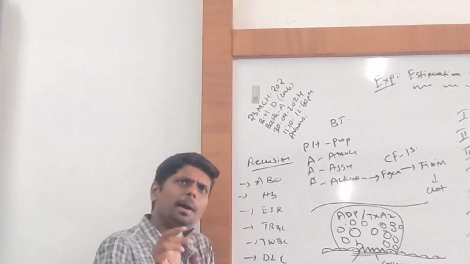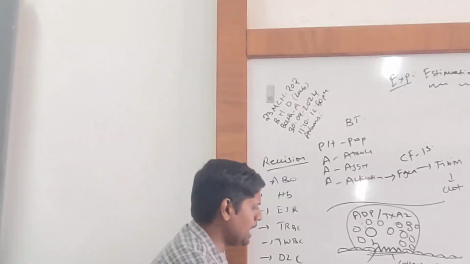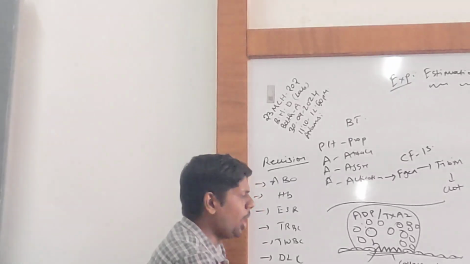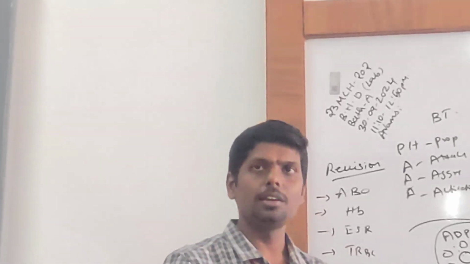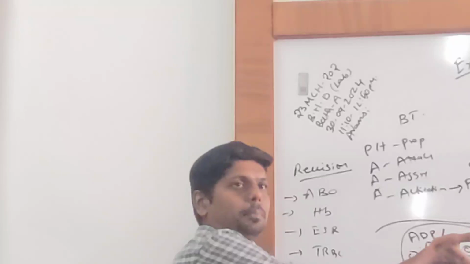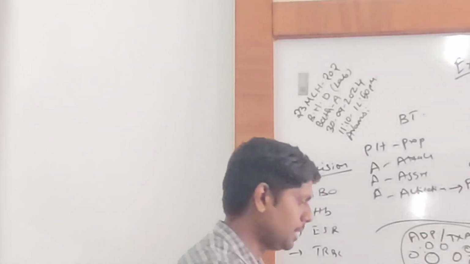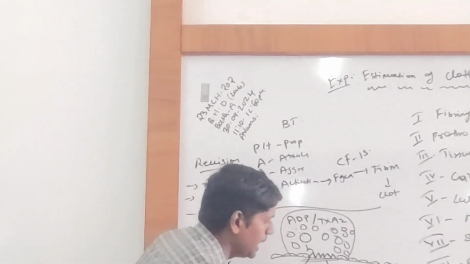What happens if my platelets are less than 1 lakh? It will increase the bleeding time. Now you know the reason: with fewer platelets, they can't hold the bleeding, so it prolongs. Decreased platelet count leads to increased bleeding time.